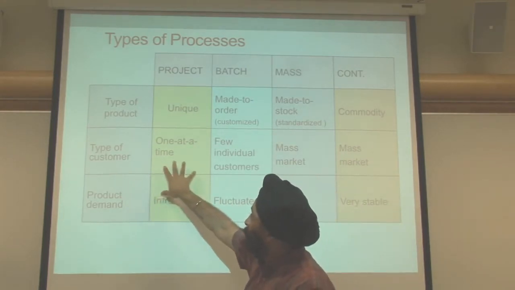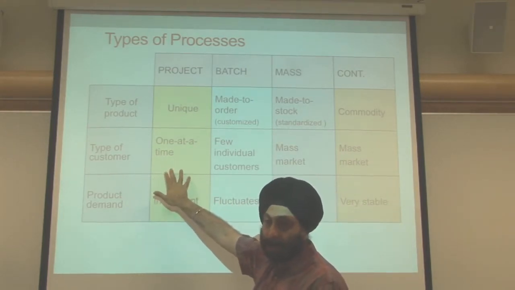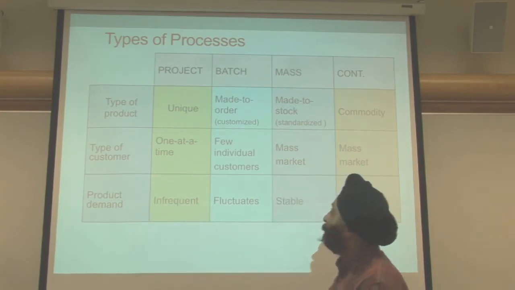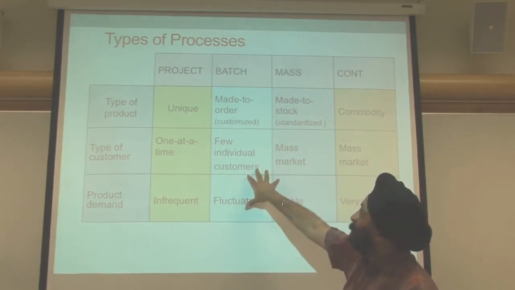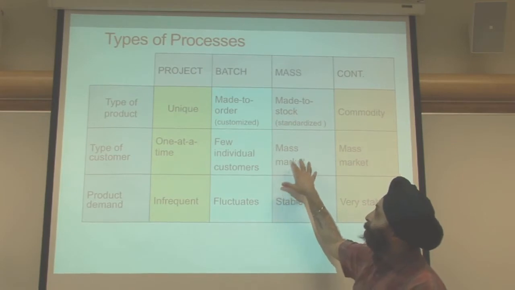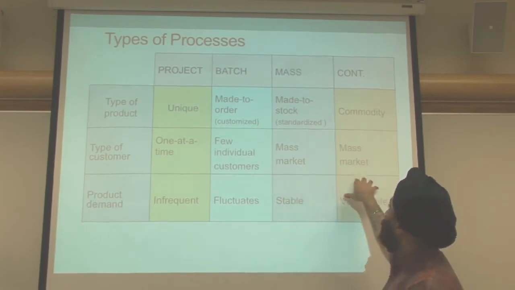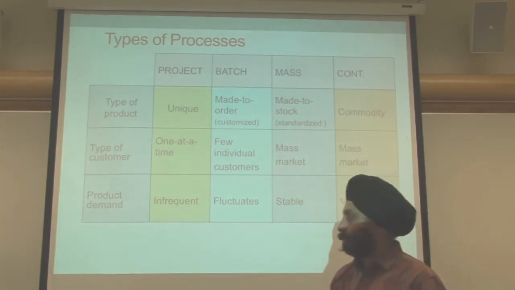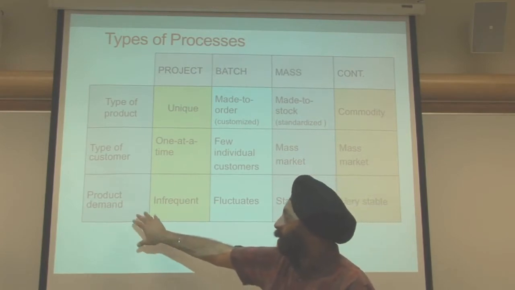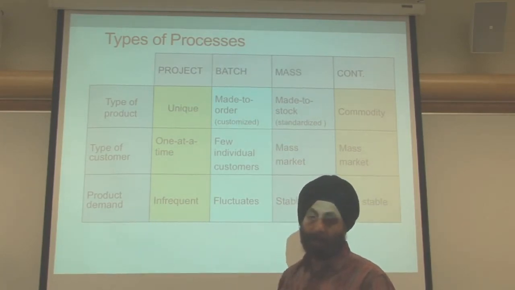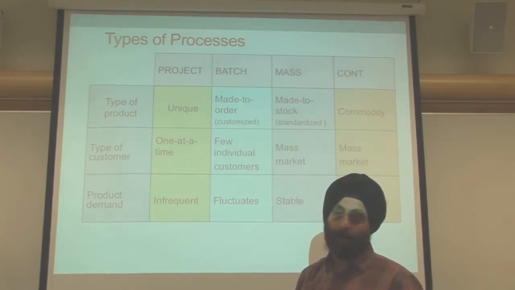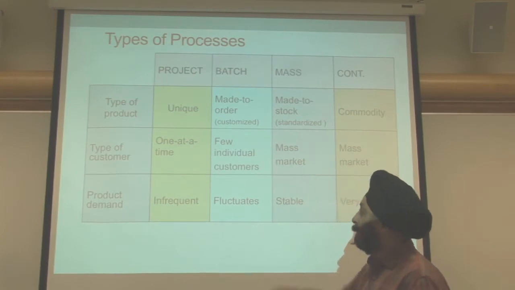Type of customer is one at a time, because this is a unique type of project. Few individual customers for batch, mass market for mass production, and then also mass market for continuous production. And then you have product demand is infrequent, because this doesn't happen that often, and each time the requirements are different.